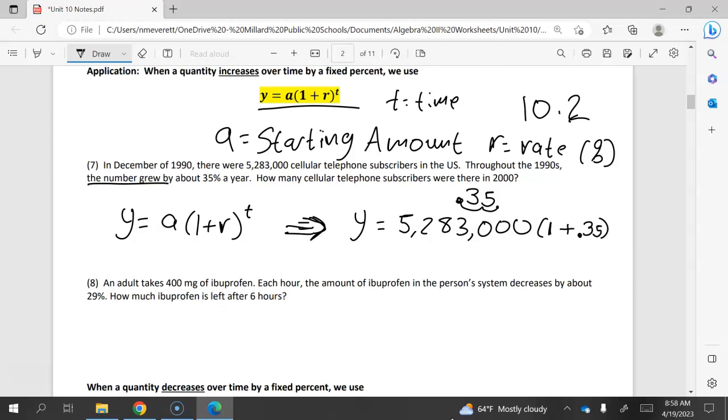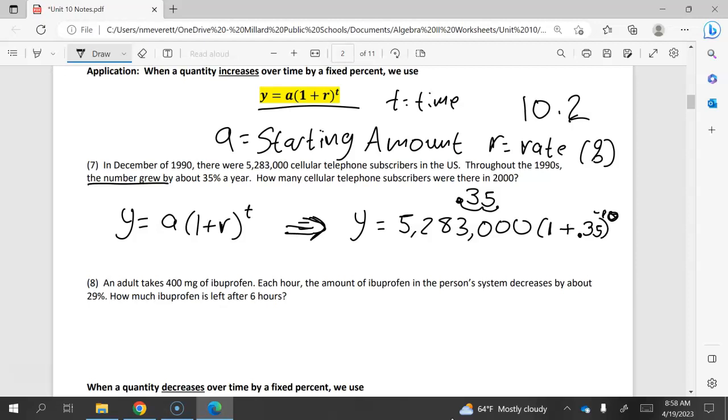Make sure for all of the rates, when you plug them into the equation, you either take that percent and divide it by 100, or move that decimal place left 2 spaces. And then to the t power, my time: I started in 99, go to 2000, that is 10 years, so we're going to raise all that to the 10th power.